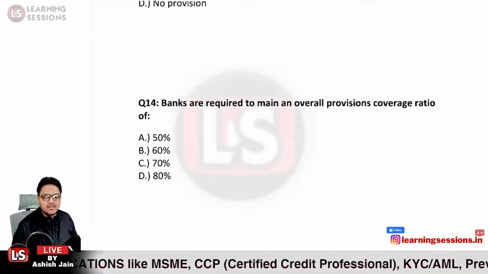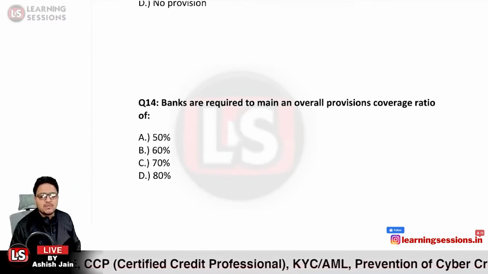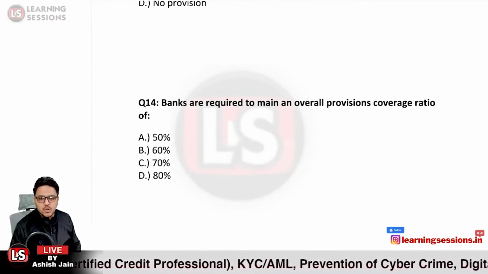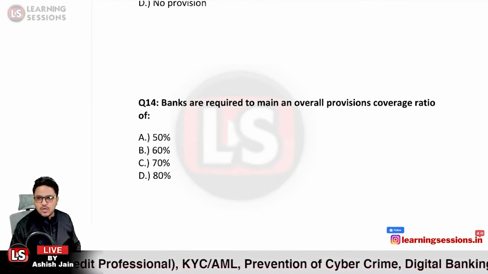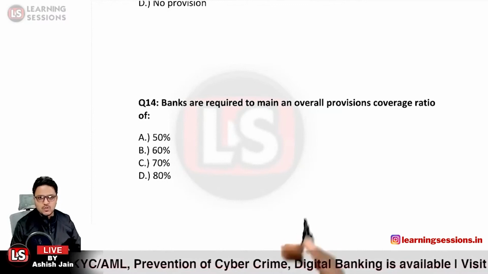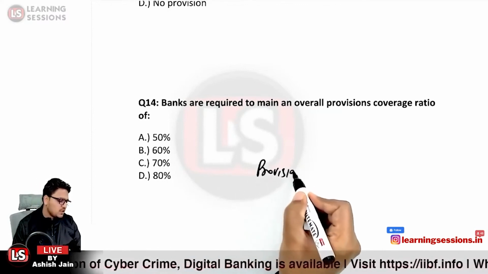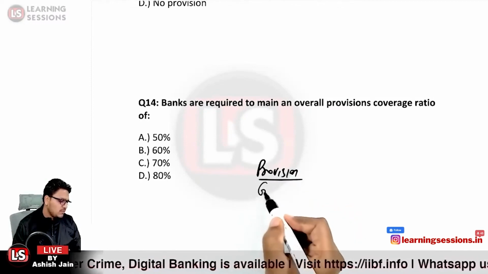Okay. Next, it is related to banks being required to maintain an overall provision coverage ratio of what percentage? The provision coverage ratio is basically the ratio of provision to the gross NPA.